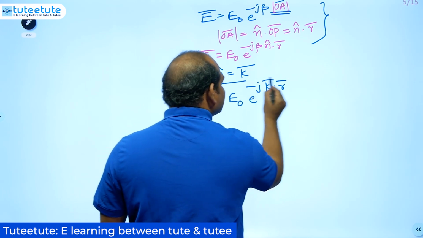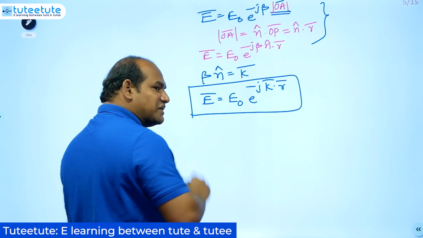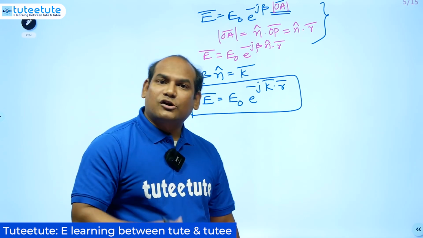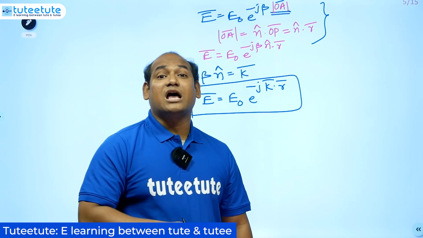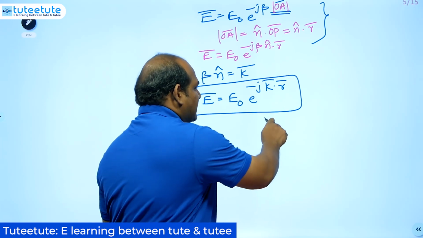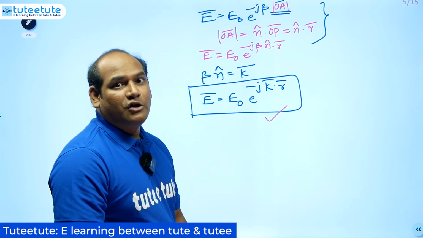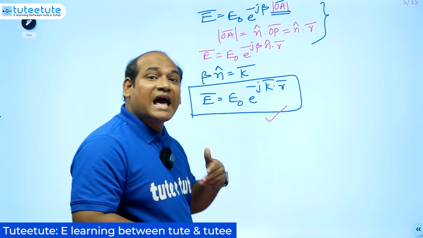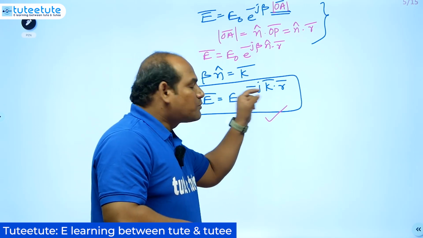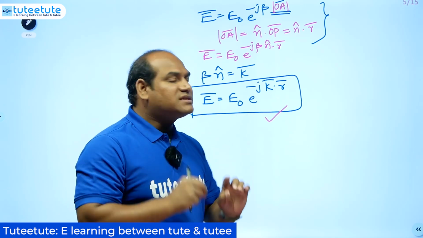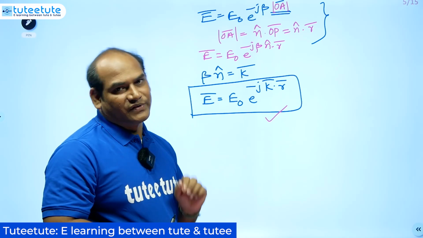Generally you will see the equations of the electric field and magnetic field for an electromagnetic wave traveling in an arbitrary direction like this. How this K bar has come and how this dot product is represented, all these things I have clearly given here.